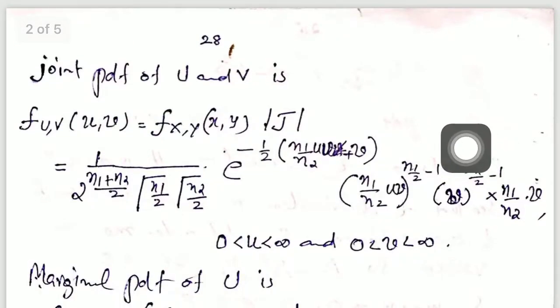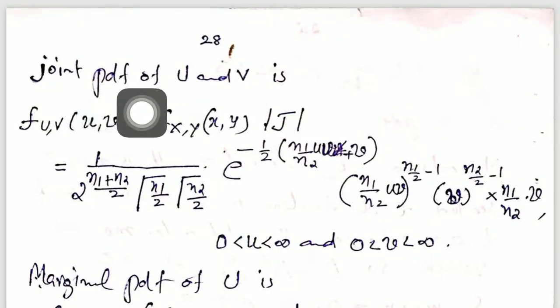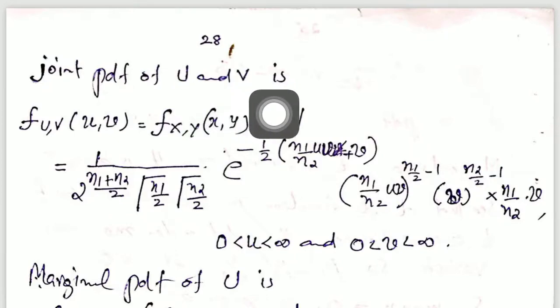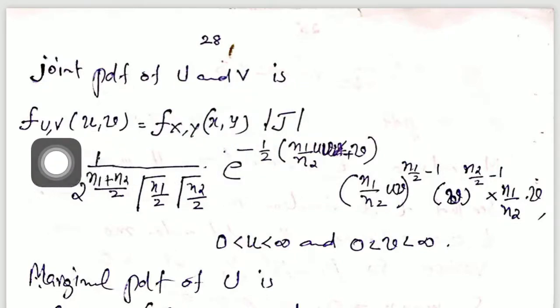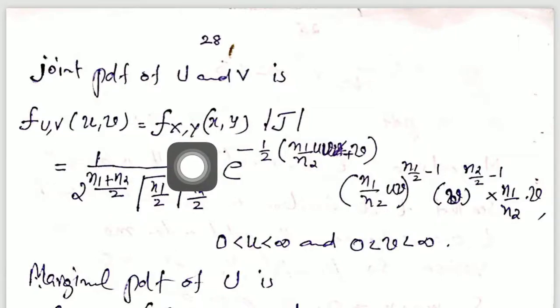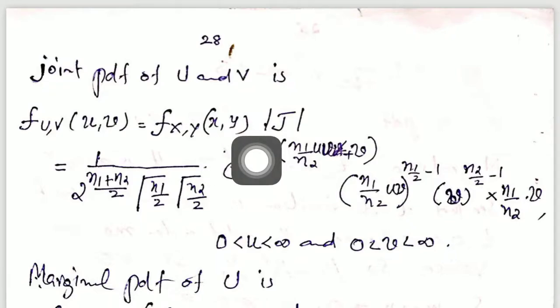Okay, now you can write down the joint PDF of u and v as equal to the joint PDF of x and y, where the arguments x and y are in terms of u and v, times the modulus of the Jacobian of transformation.